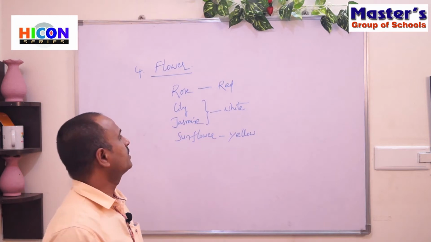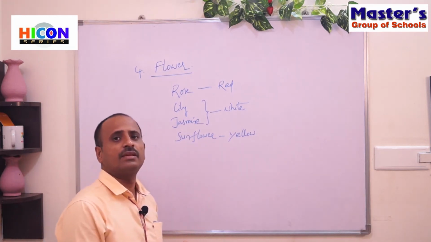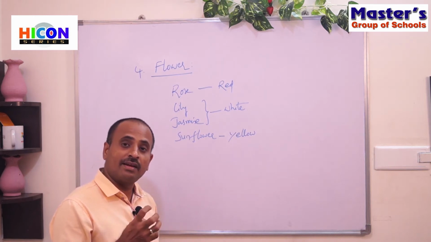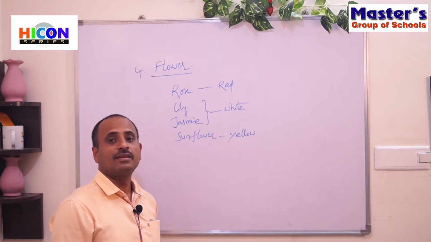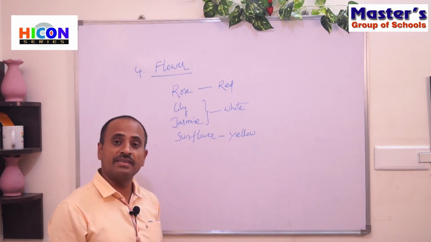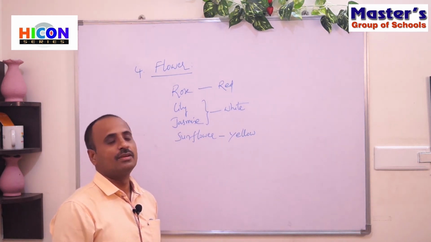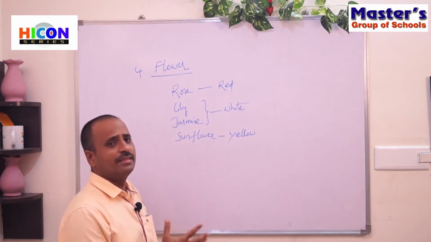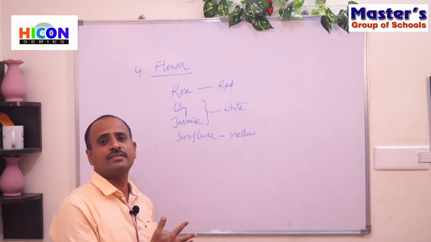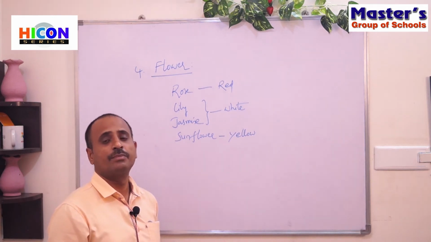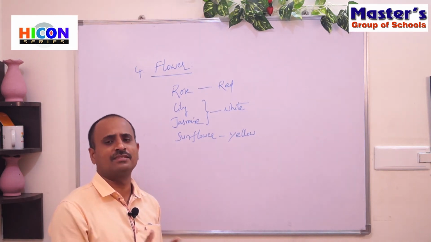These flowers are very important for the plants, and they attract the insects by their colors, and most of the flowers have a pleasant smell and look beautiful to our eyes. Why do these flowers have different colors and different types of smells? Because they have to attract the insects.